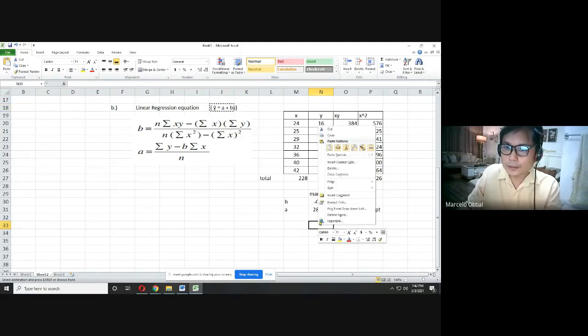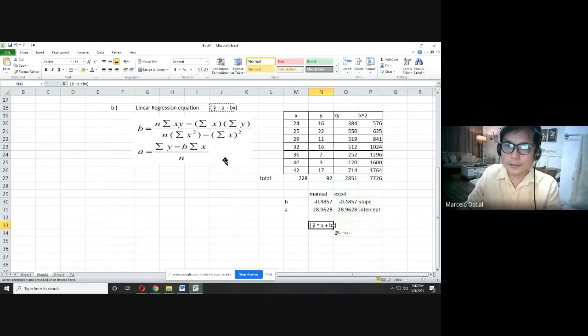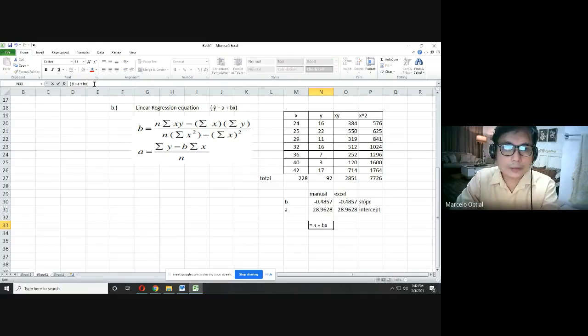Copy, paste. Okay, ito yun. Yung gagawin ko, okay, I will replace the variable. I will replace the variable here, no? So, ang A natin is 28.96. Okay, pwedeng 3 decimal points less, ha?